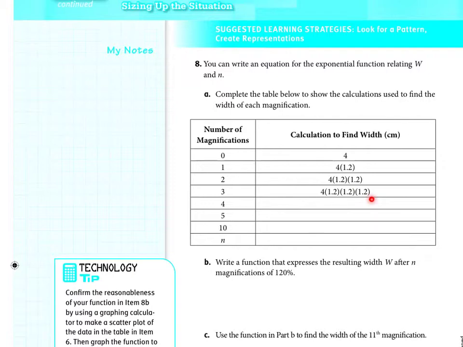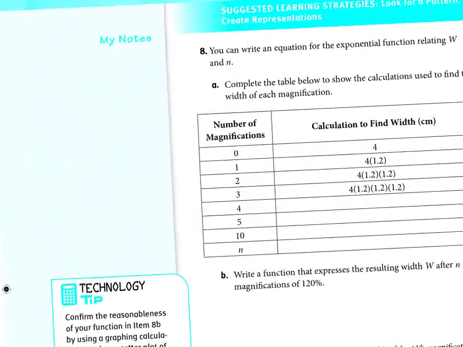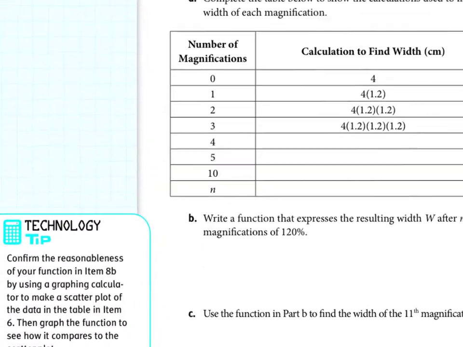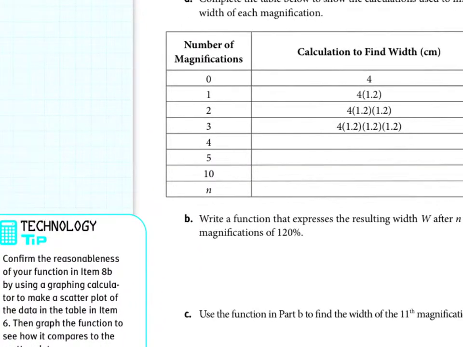So the next row should look more like 4 times 1.2 times 1.2 times 1.2, and then we're going to multiply by 1.2 again. That's getting a little annoying, right? Having to do that each time.